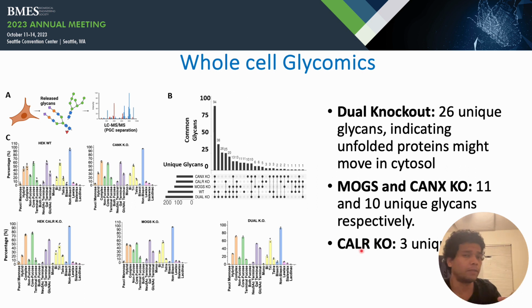So from this whole glycomic study and also from the cell surface study, we can make the point that the least number of unique glycans are found in the case of Calreticulin knockout. So this could mean that quality control in the Calreticulin knockout is quite high, and the unfolded proteins are mostly diverted to the ERAD pathway. And one more signal that we have observed is that the proteins involved in the ERAD pathway are upregulated in the case of Calreticulin knockout.